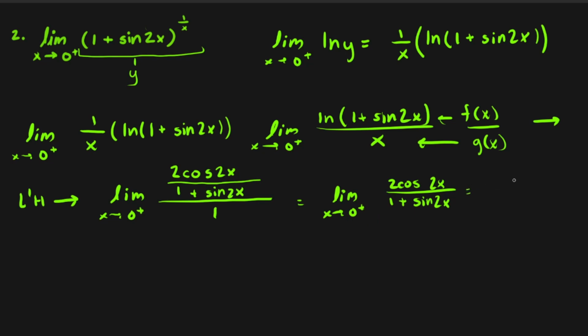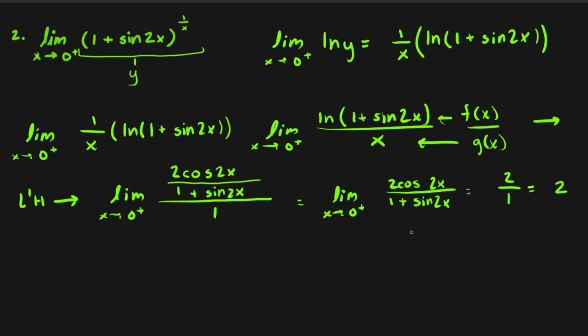Cosine of 0 is 1, so we're left with 2 over, and then sine of 2 times 0 is sine of 0, which is 0, so we're left with just 1 plus 0, which is just 1, so it gives us 2. But 2 is not our final answer. Again, we had to rewrite the expression up here to make the natural log of y. So 2 is the limit as x approaches 0 of this function, but it's not the same as this because there's a natural log right here.